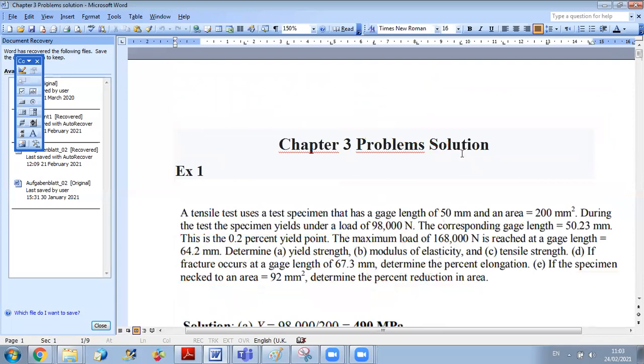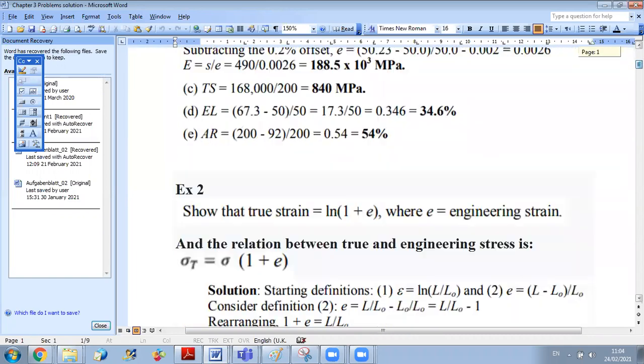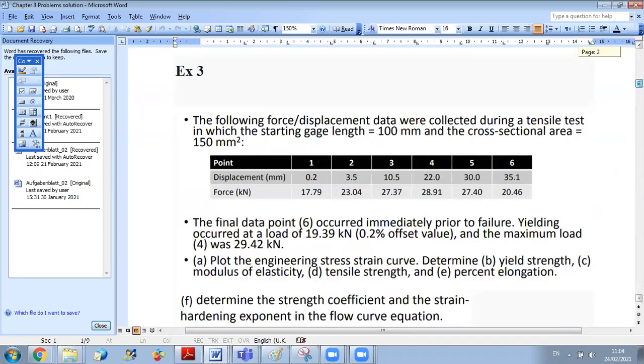Sorry, not exercise 1. Which one? Exercise 3.